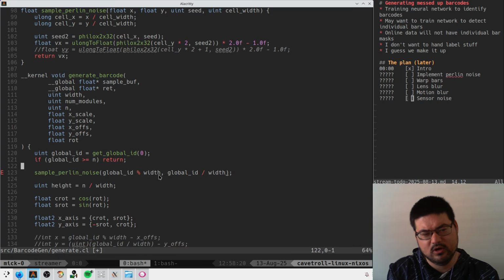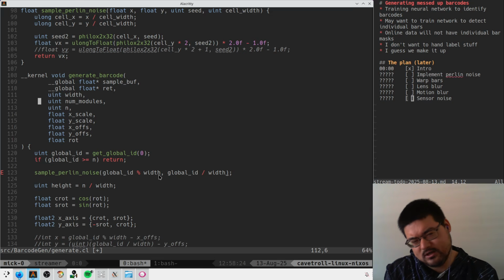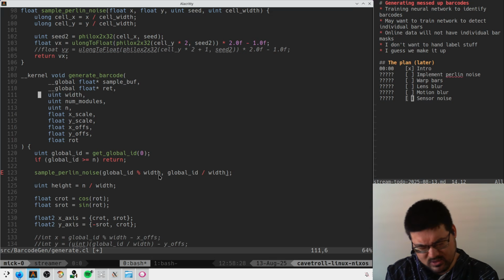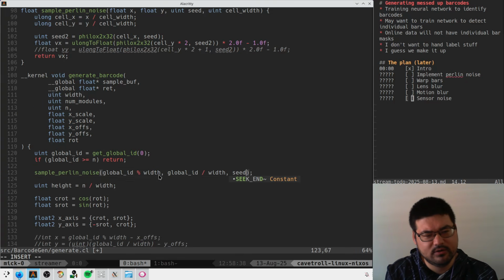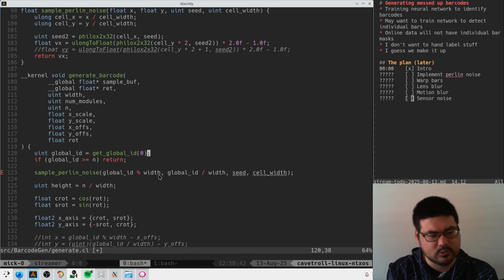Because we're feeding in 1,000 pixels at, 25 by 100 or something. What am I saying? 10 by 100? Something like that. And then seed here we need, which isn't passed in yet. And then cell width also isn't passed in. So we need these guys.